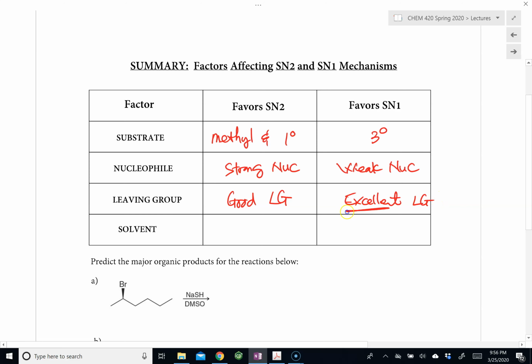So we will need to have an excellent leaving group in order to undergo SN1 and a good leaving group to undergo SN2. And lastly, the solvent. The polar aprotic solvent will favor SN2, whereas the polar protic solvent would favor SN1. So this is how we put all of these factors in one table.